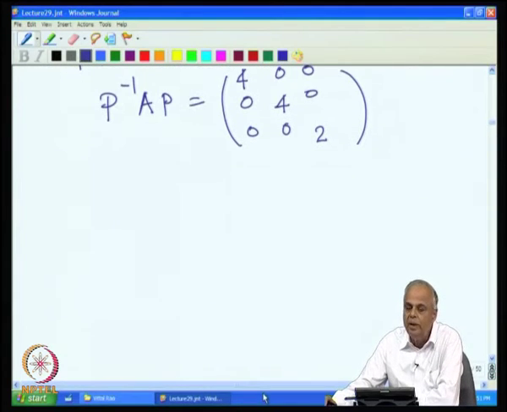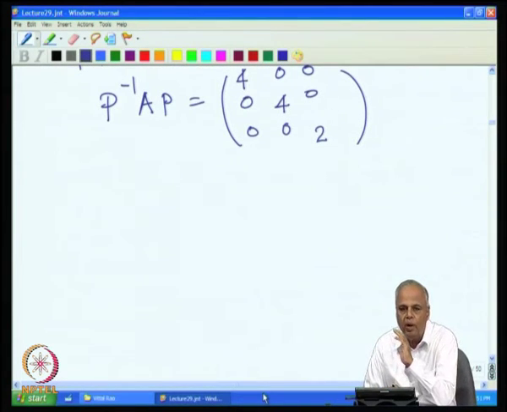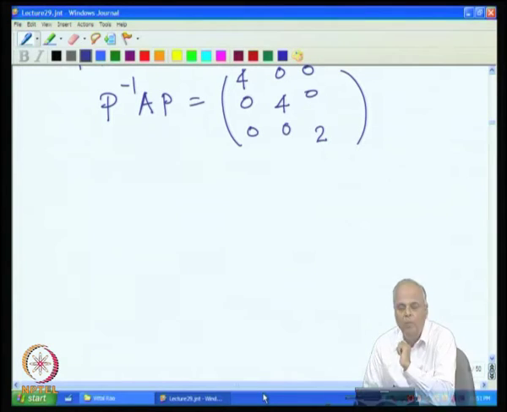Thus we see that whenever for an n by n matrix we are able to get n eigenpairs lambda 1 phi 1, lambda 2 phi 2, up to lambda n phi n, where lambda 1, lambda 2, ..., lambda n are real numbers, not necessarily distinct as we found in the last example, and the vectors phi 1, phi 2, ..., phi n are linearly independent, then we can diagonalize the matrix. So, again we summarize this.